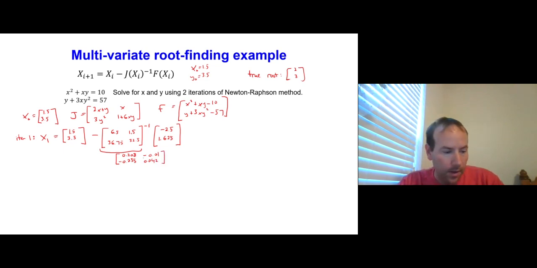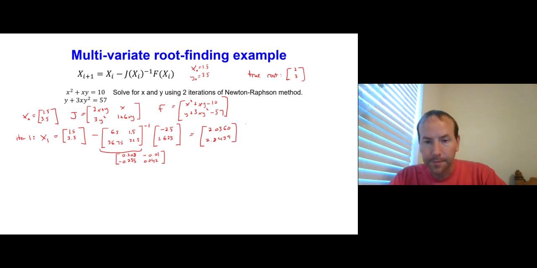So this is the inverse of that matrix. If you multiply this times this, and you subtract that from 1.5, 3.5, then you should get the following result: 2.0360 and 2.8439. And one of the things that's nice about the Newton-Raphson method is that it converges so quickly.